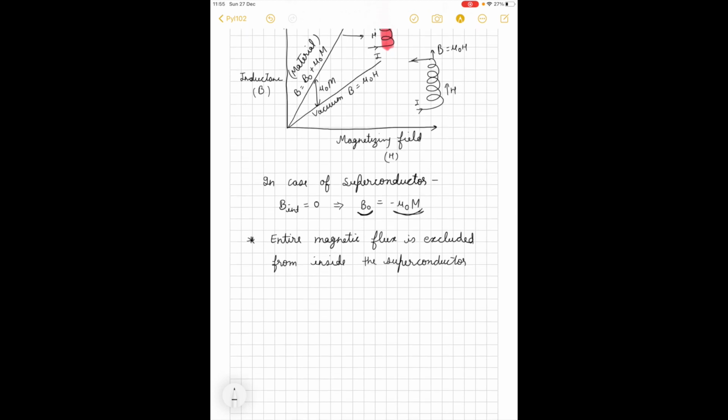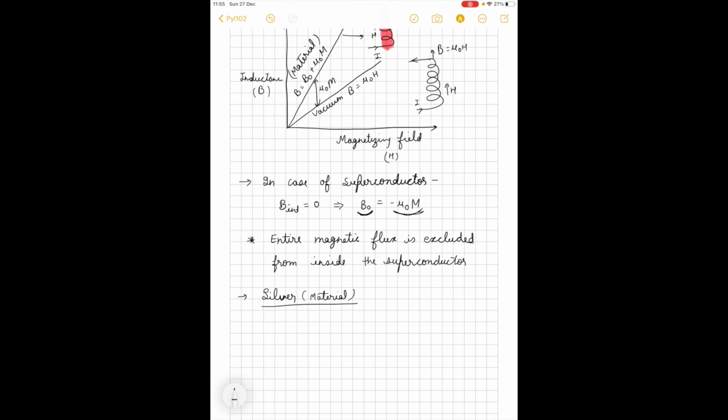Let's say instead of a superconductor, we have silver, the material is silver. Then what happens?